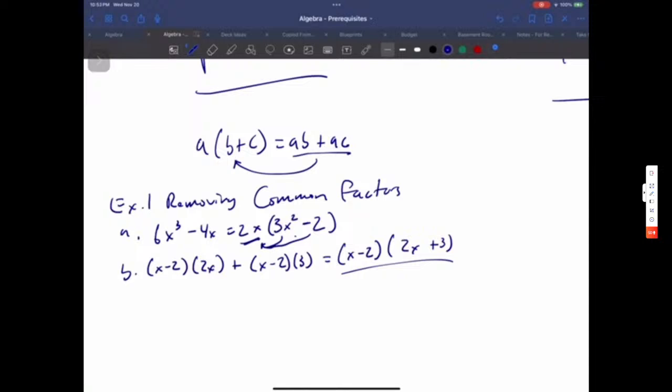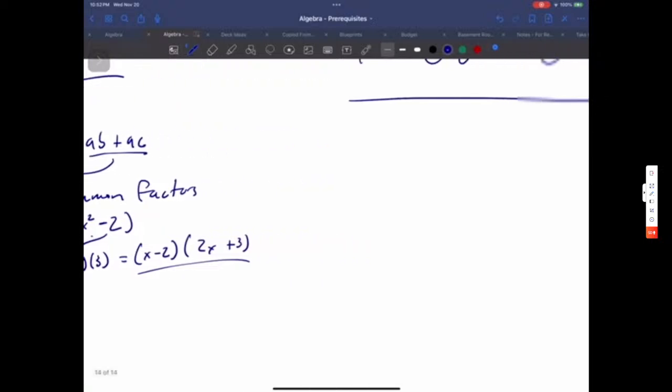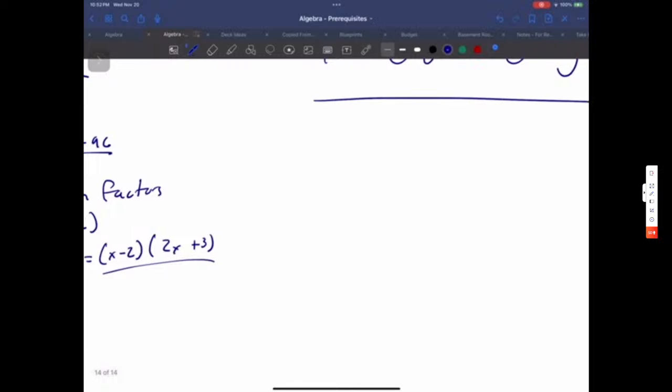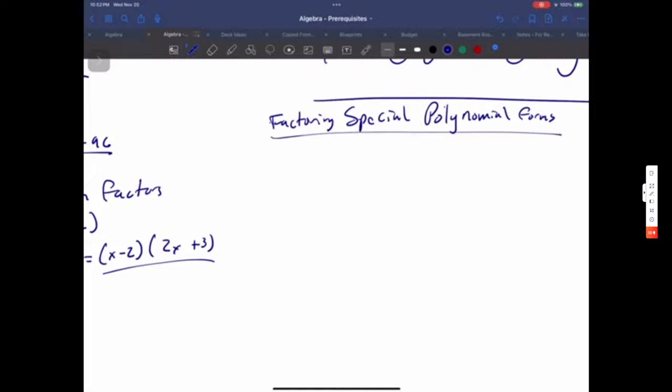So what if you want to factor a special polynomial? Well, they're just showing the reverse of what we showed in the special products. So, factoring special polynomial forms. You have u squared minus v squared equals u plus v times u minus v.